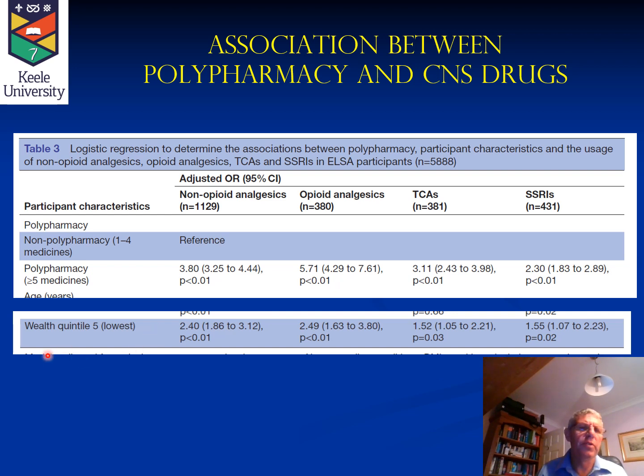And in relation to the previous study that I mentioned, we can again see that wealth is also a significant factor in predicting receiving these drug classes within polypharmacy regimes.